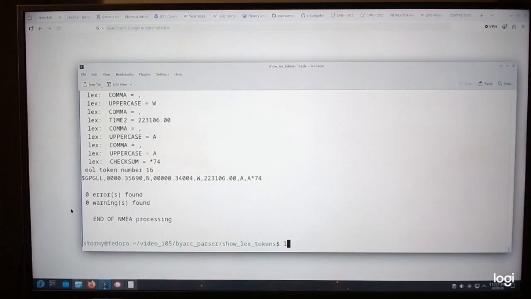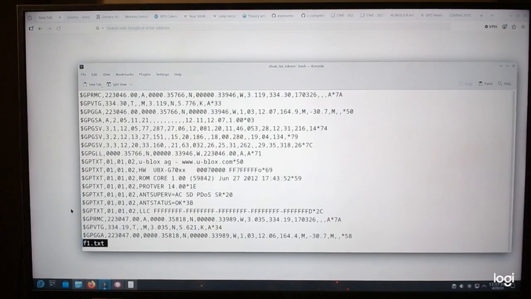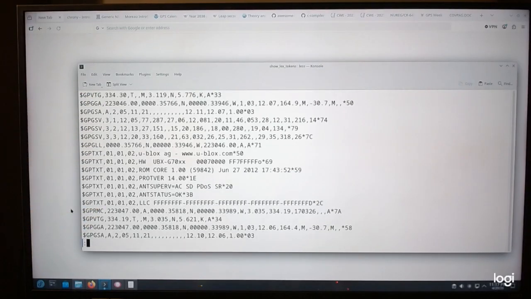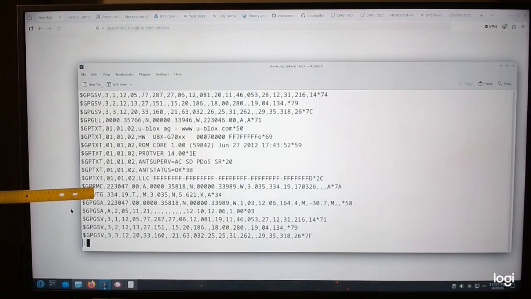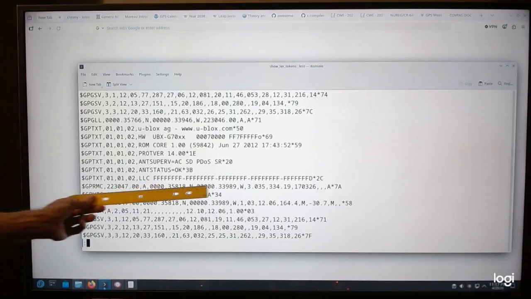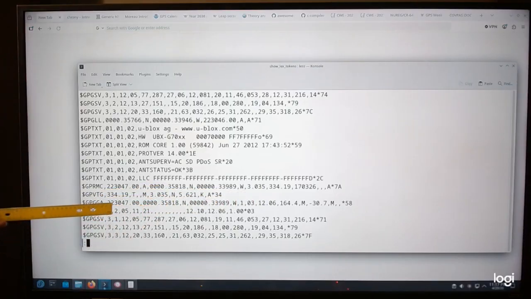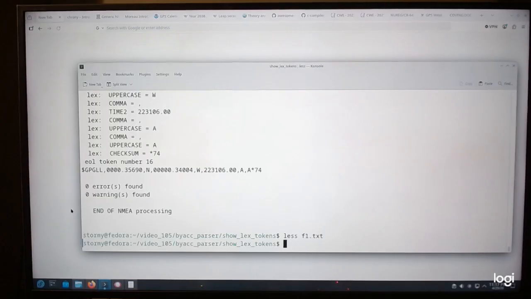Let me just show you what I'm talking about. Here's the input file, my GPS sentences right here, and what I'm doing is breaking up these sentences into tokens, and that's what the lexer is doing.